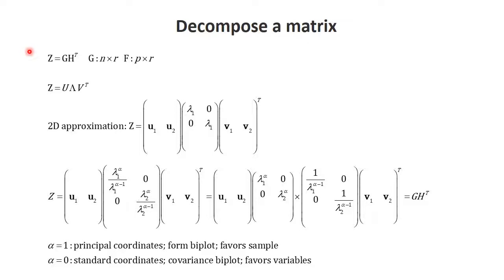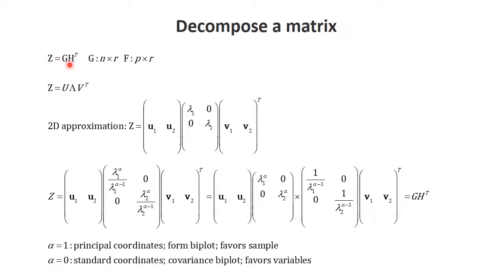But the question with eigenvalue decomposition is, which eigenvectors are we going to plot? Are we going to focus on U, or are we going to focus on V? And what does that actually mean? In the biplot, we circumvent that question a little bit by plotting both of them. The way that works is that we write our matrix Z as a product of two matrices, G and H transpose. That can always be done. Of course, it's not unique.